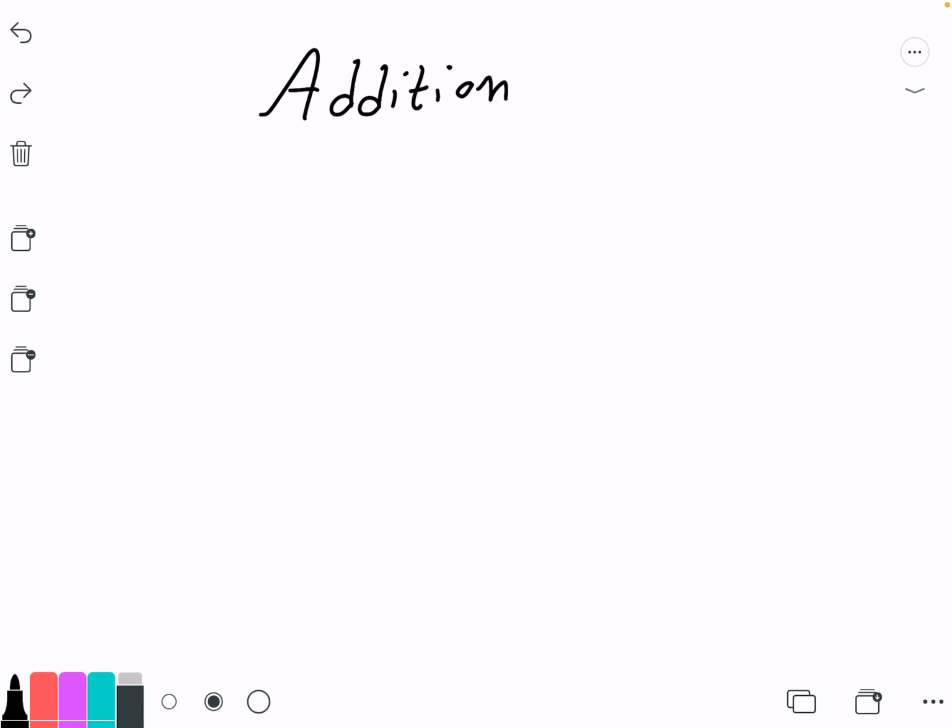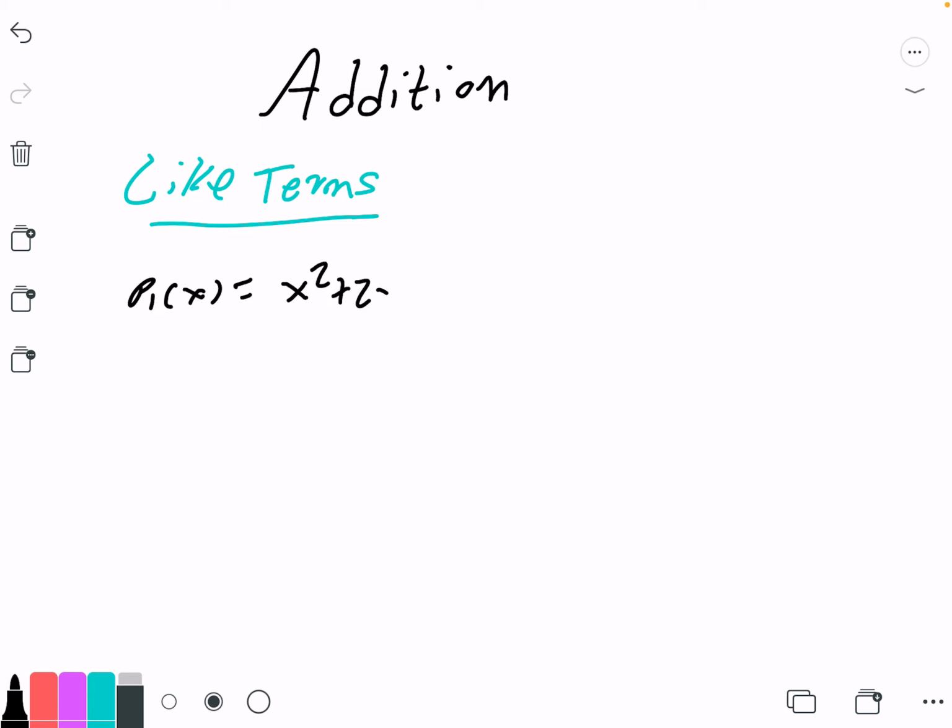Really what we need to do is introduce a concept called like terms. Like terms means if we have two different polynomials, so let's say p1 of x is going to equal x squared plus 2x plus 1, a very familiar and nice polynomial. And then let's say p2 of x is going to be x cubed plus 5x minus 6 or something.